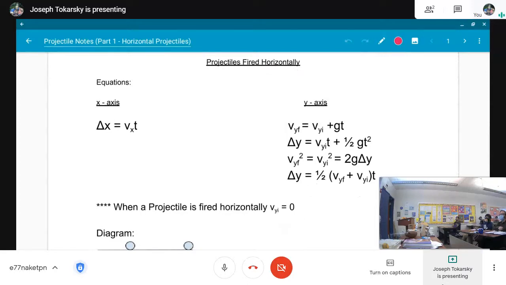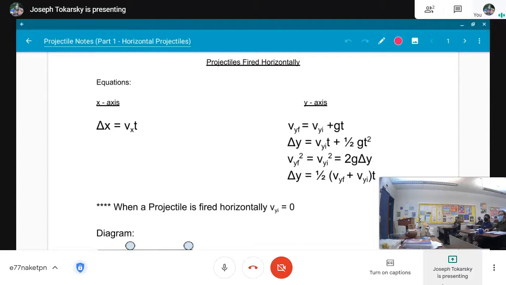So this is what I was saying. On the x-axis, you said it moves constant, right? What's the only equation we have that matters when something's going constant, or otherwise not accelerating? V equals D over T. Well, it doesn't look like it, but it really is. Instead of D, since we have two axes now, we have to be a little more specific, and this is a common way to do it.